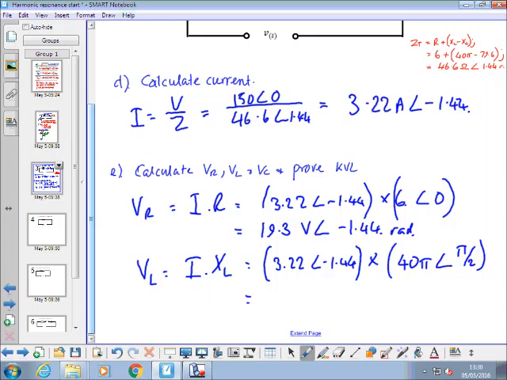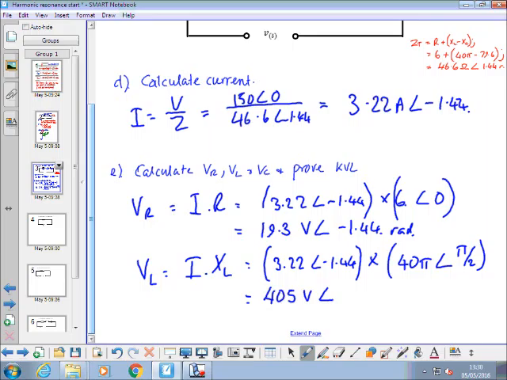So 3.22 times 40 pi is 405 volts to 3 significant figures. Do you agree? Yes.